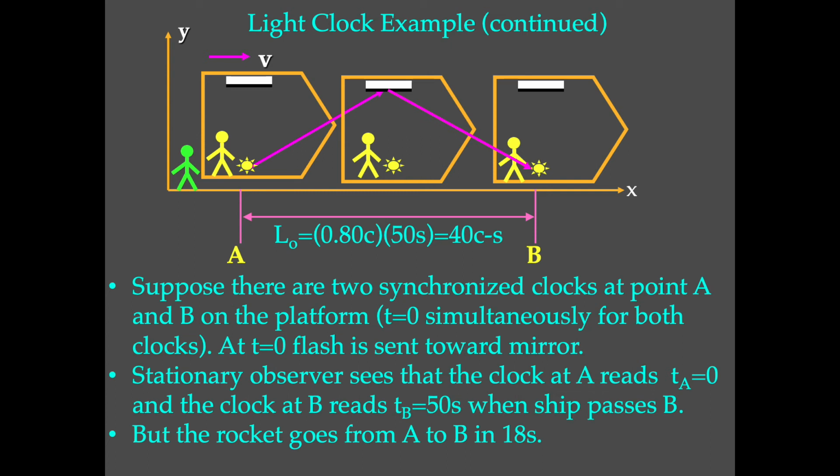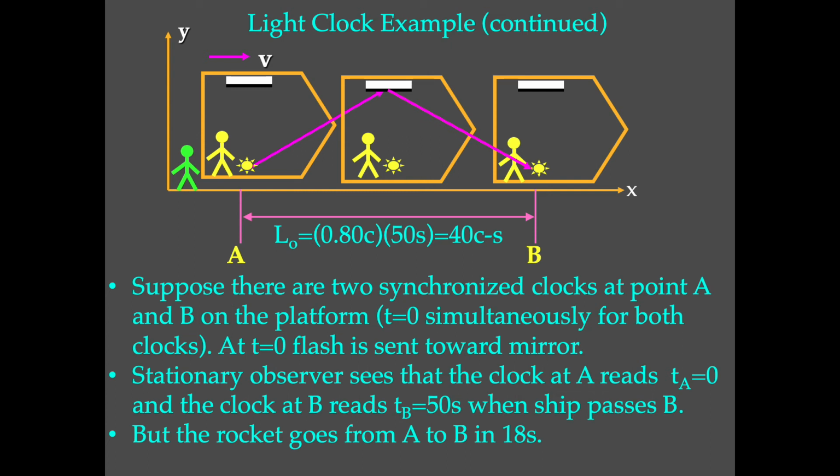That means t equals 0 for both clocks at point A and point B. These are on the platform, and the flash is sent towards the mirror. The stationary observer sees that clock A reads 0 at A and 50 at point B when the ship passes.